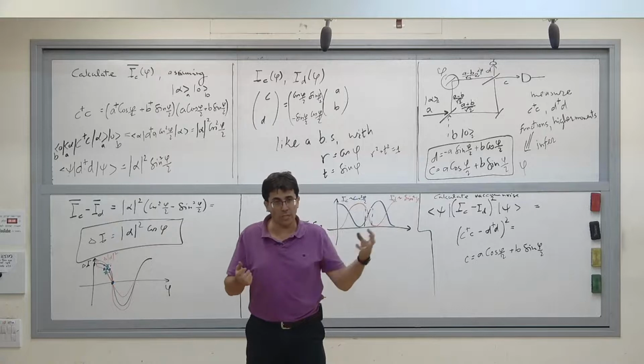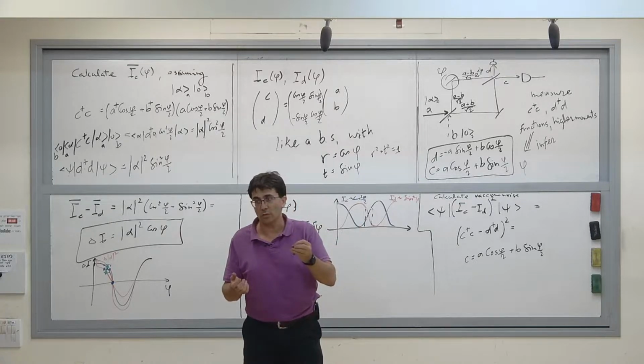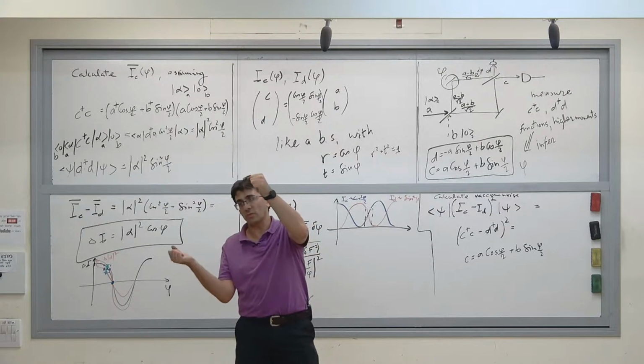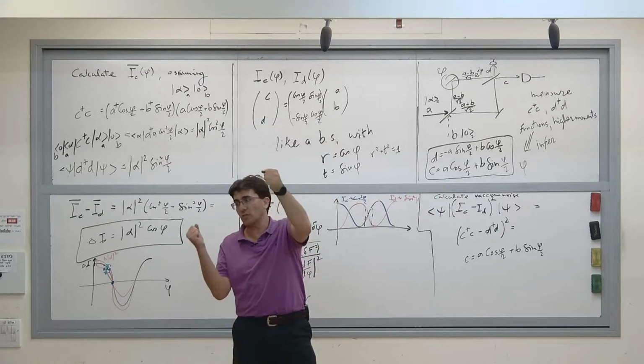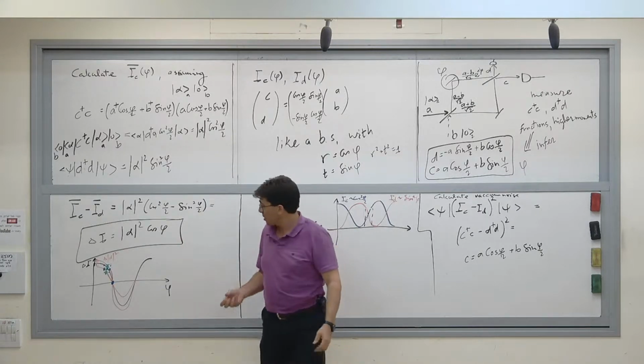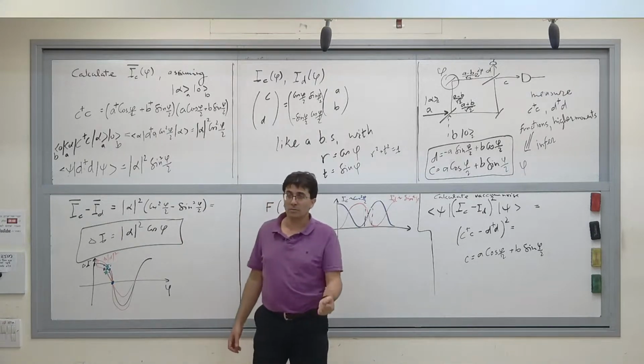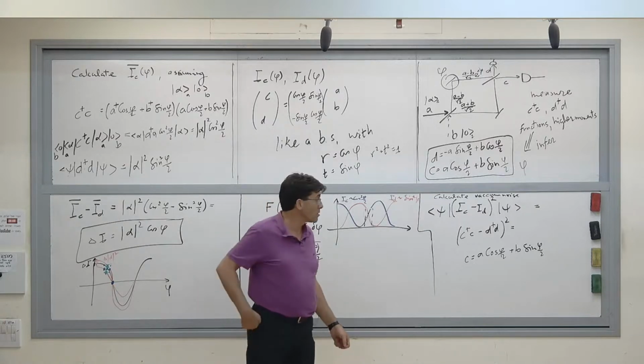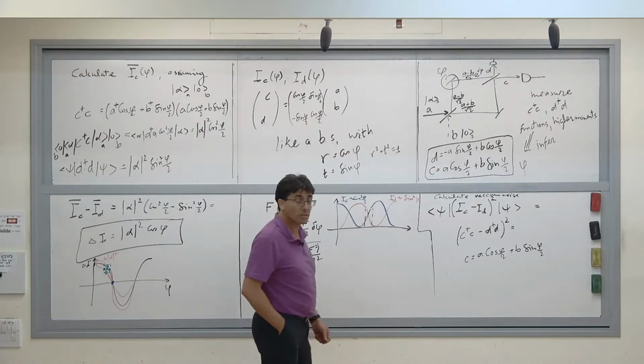Because I'm throwing in, on average, 100 photons, but I don't get exactly equal copies. There are fluctuations in those intensities, and those fluctuations are fundamental. They are there. Why are they there?